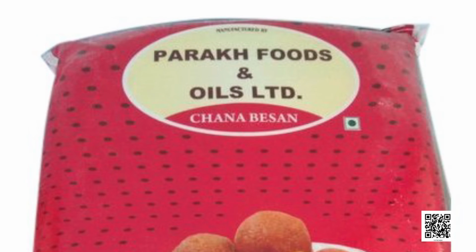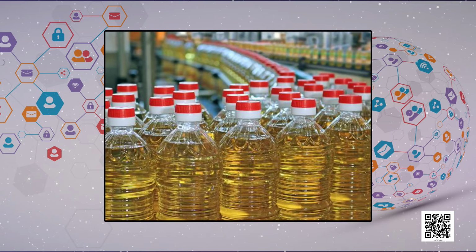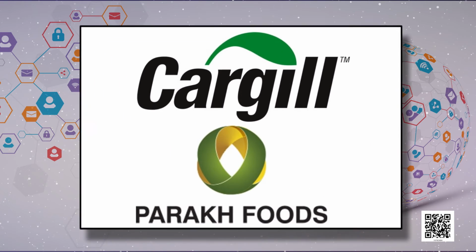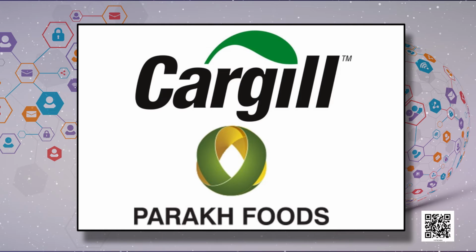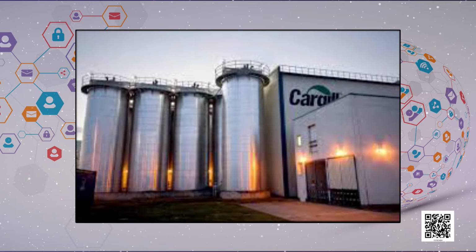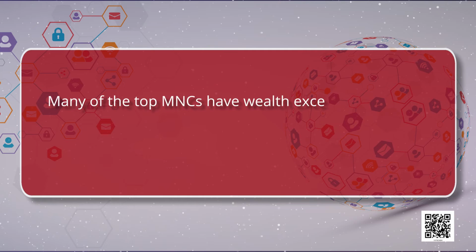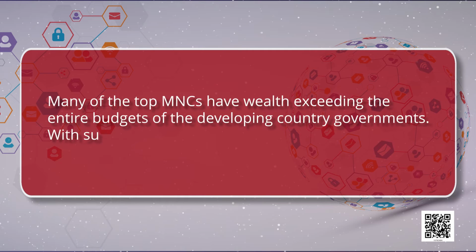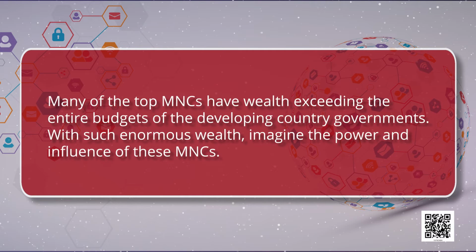Also, Parakh Foods had 4 oil refineries whose control has now shifted to Cargill. Cargill is now the largest producer of edible oil in India, with a capacity to make 5 million pouches daily. In fact, many of the top MNCs have wealth exceeding the entire budget of the developing country governments.